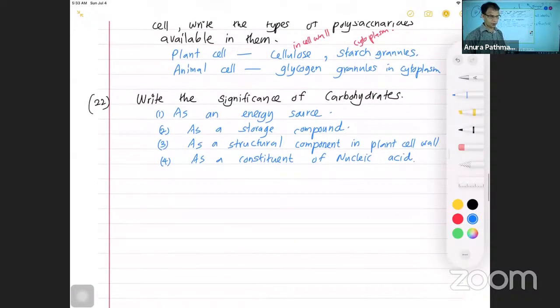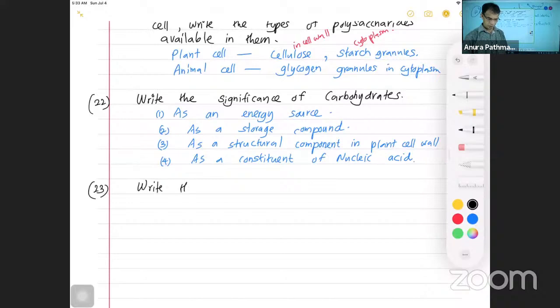Now, we have to go with the test. 23. Tests to identify carbohydrates.